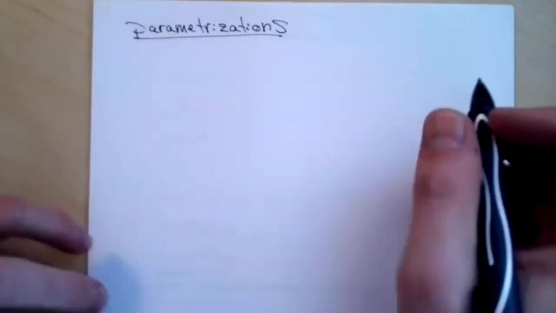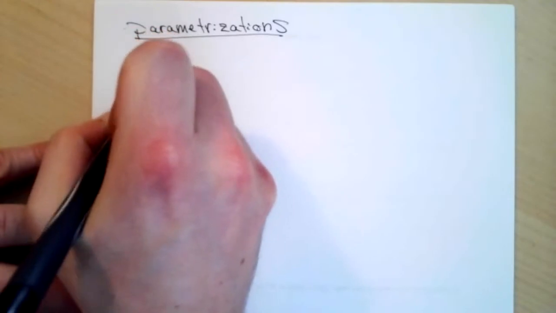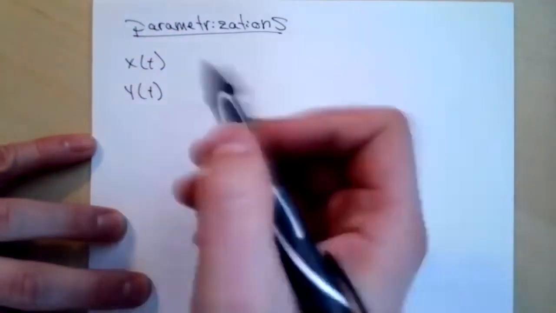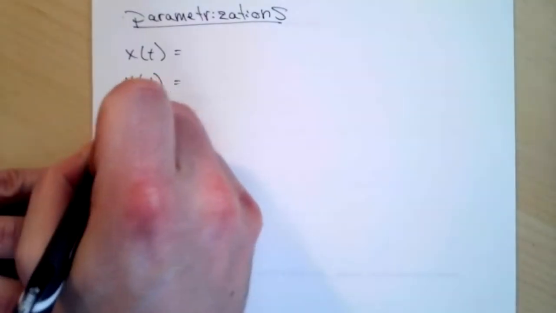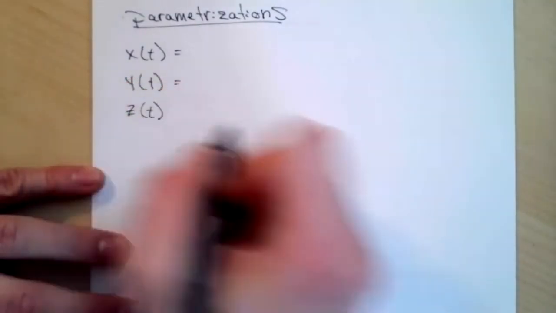So what is a parameterization? We are essentially just modeling how the X and Y coordinates change in time. At least this is what you did in Calc 2. In Calc 3, what do we need? We need equations for all of the variables.